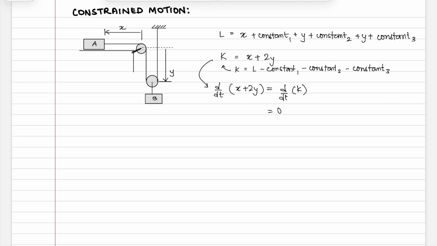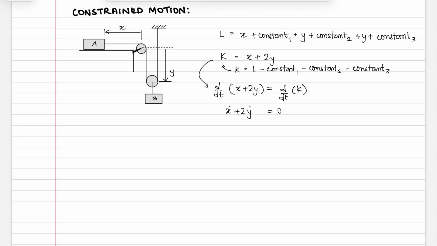So this here gives me x dot plus 2y dot is equal to 0. And that tells you, if the velocity of this is to the left given by x dot, then how much would y dot be? y dot would be equal to minus x dot by 2, which means that if x dot was positive in this way, y dot would be in this direction.